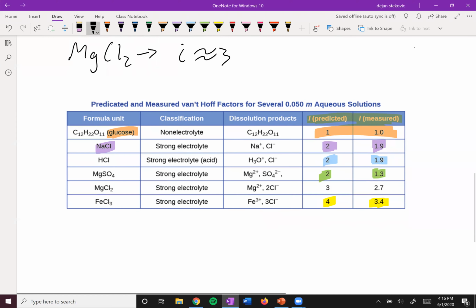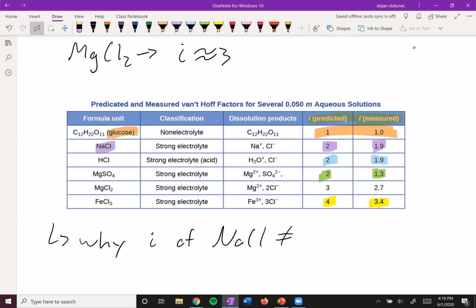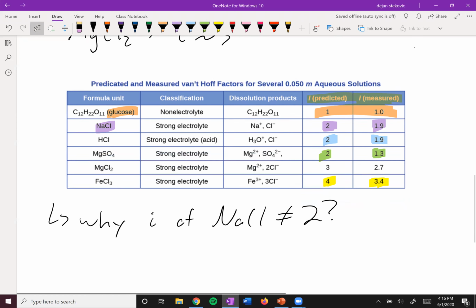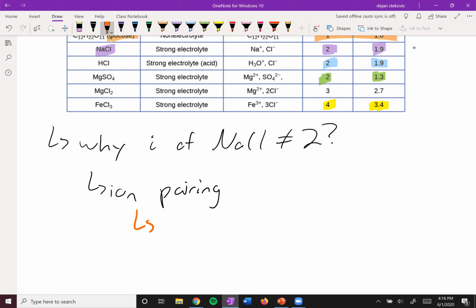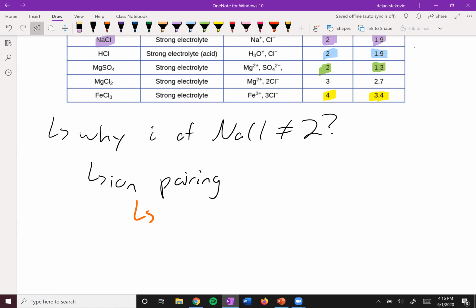And so naturally a question is, why is the i of sodium chloride, the Van't Hoff factor of sodium chloride, not equal to 2 exactly, right? It should dissociate into sodium and it should dissociate into chloride. So why doesn't it count as 2? And that's because of something called ion pairing, right? And so basically, even though you dissolve this, some solvated particles still pair up and thus only count as 1.